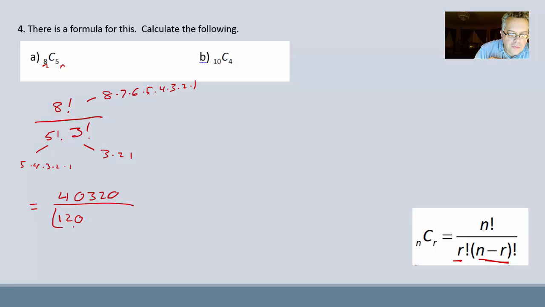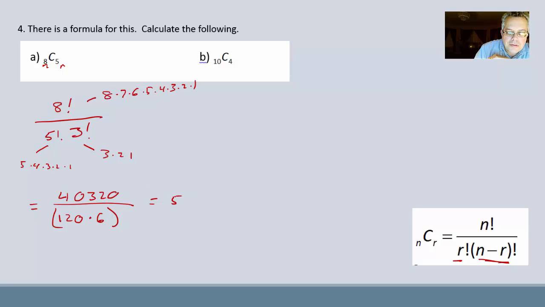And we have to divide by the product of 120 and 3 factorial. 3 factorial is easy, that's 6. Okay, so let me try this. 40,320 divided by parentheses 6 times 120, I get 56.